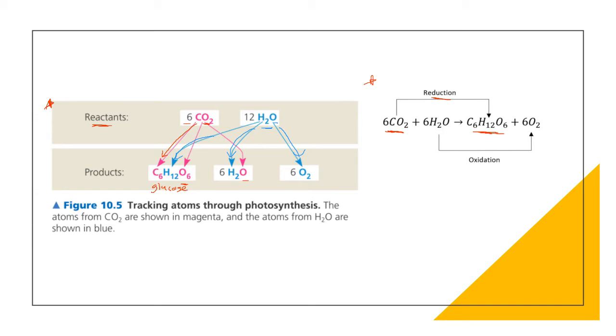And reducing means we're going to be gaining electrons. So glucose is going to receive a lot of electrons, hydrogen atoms, etc. And water is going to be oxidized into oxygen. So water is going to be donating electrons, it's going to give up electrons. I hope that makes sense, ladies and gents.